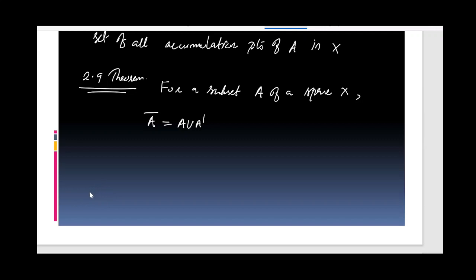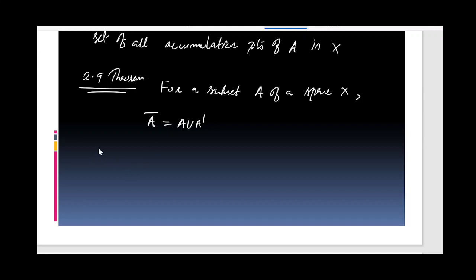Of course, in your real analysis class, you have studied this as the definition of A closure. But here we have studied A closure as the intersection of all closed sets which contain A.